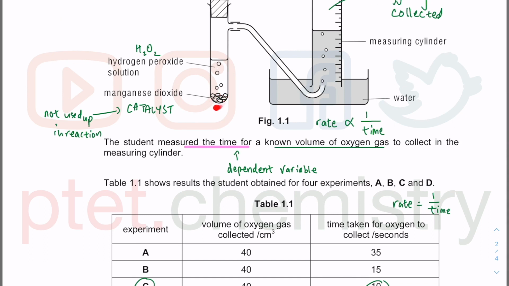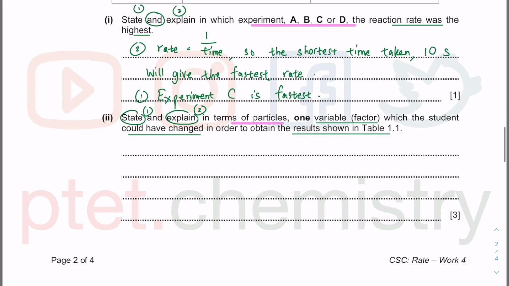The catalyst has a surface area, so you could have changed the surface area of the catalyst. You could have changed the concentration of the hydrogen peroxide solution. You could have changed the temperature of the solution as well. So you learn a couple of factors that could affect the rate of reaction, including, number 1, temperature.